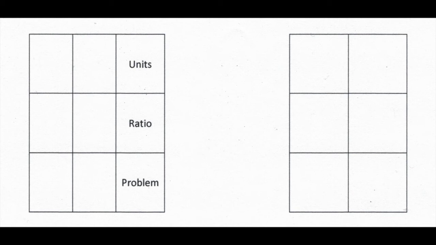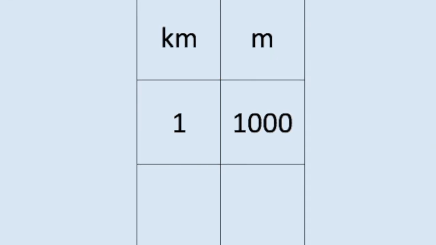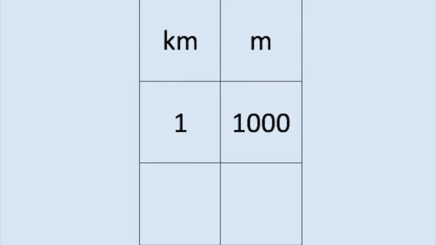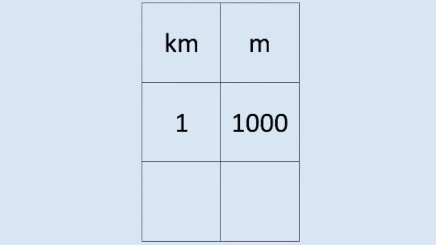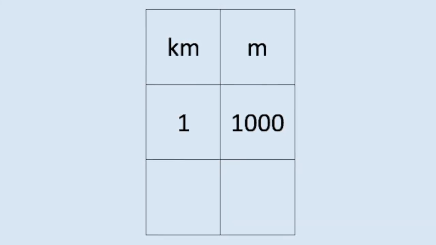In the top squares, I will write the two units that we are dealing with. So first, kilometers, because that's given, 0.35 kilometers, and next to it, meters, m. Underneath, I write the ratio between kilometers and meters. So under kilometer, I write 1, and under meter, 1,000, because I have learned that 1 kilometer is 1,000 meters.